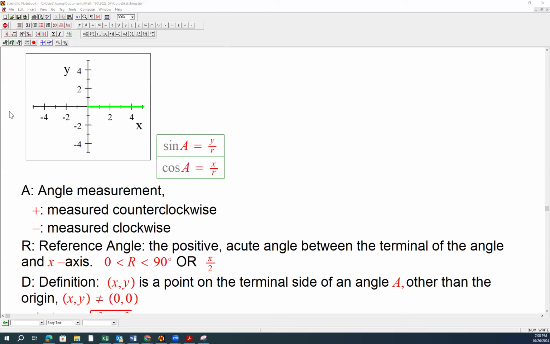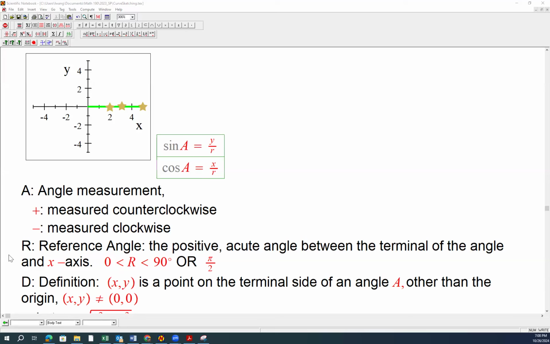I can pick a point here at 2, or at 3, or 5, or maybe 5.7, right? This definition says you can pick any point on the terminal side of the angle, which is 0, right?